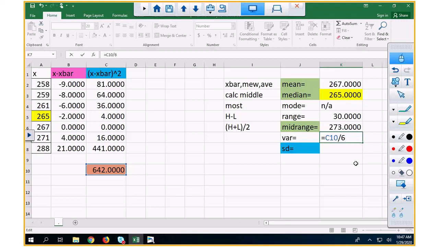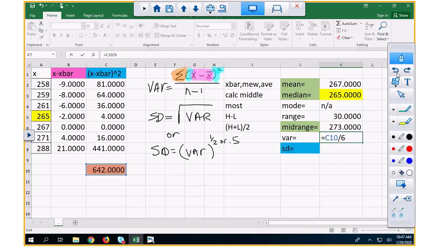Where did I get 6? N minus 1. 7 is N. There's 7 people in the classroom, or there's 7 grades here, or there's 7 weights, whatever the case is. N is 7. 7 minus 1 is 6.